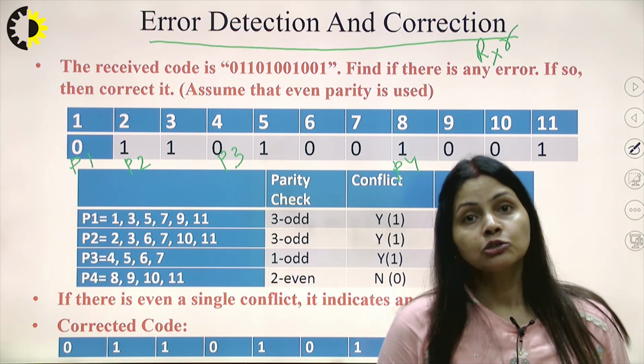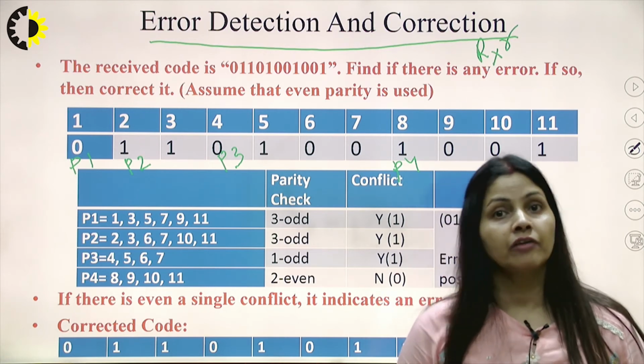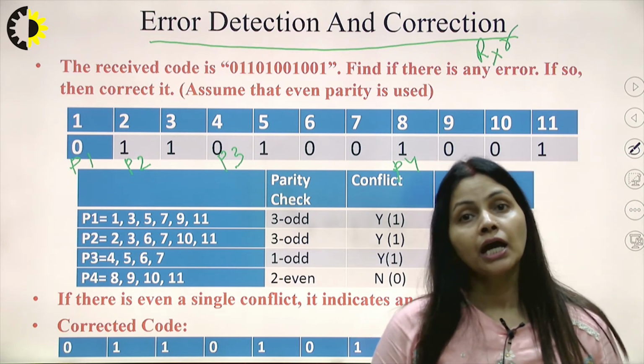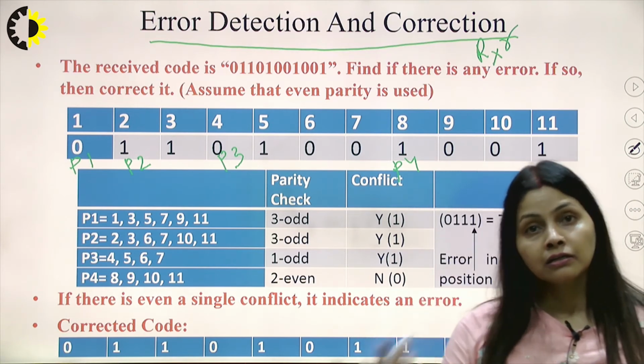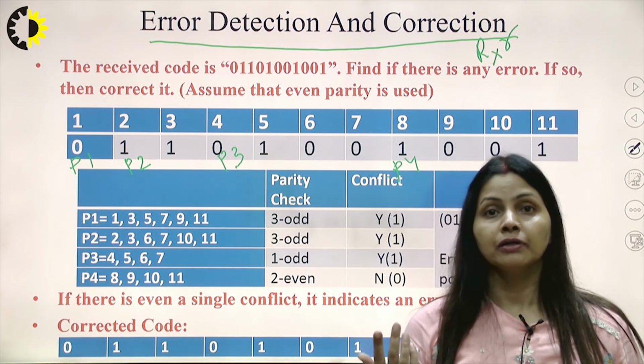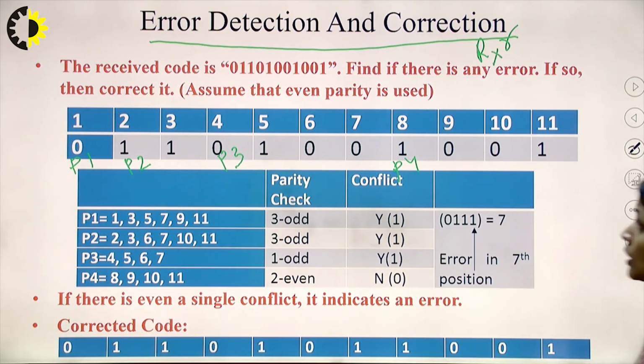If it fails to satisfy the criteria for even, then the receiver will automatically know that an error has occurred in the environment and one bit has been flipped when it was received. Okay, now how to find out?